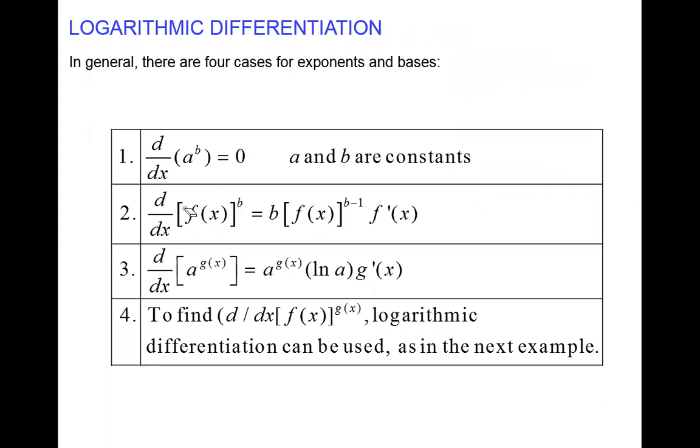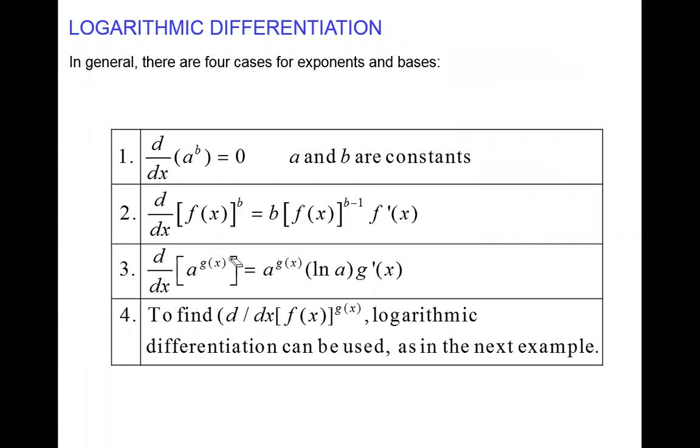Now the second line shows the power function, x to the power of b, or f of x to the power of b, where we apply the chain rule. The derivative of f of x to the power of b is b times f of x to the power of b minus 1, times the derivative of f of x.